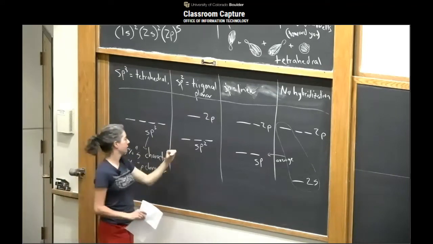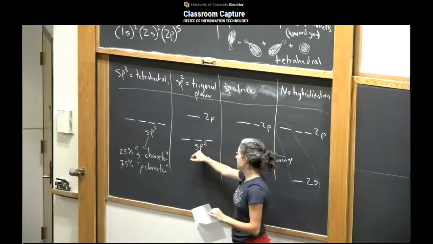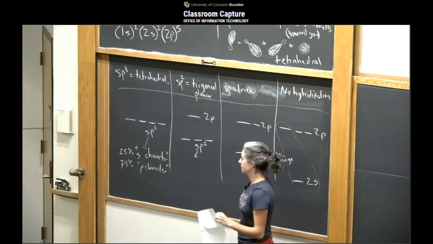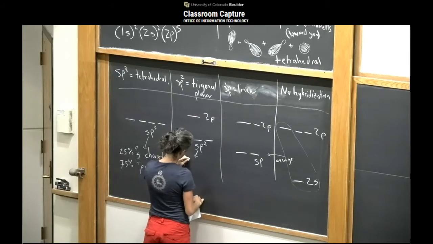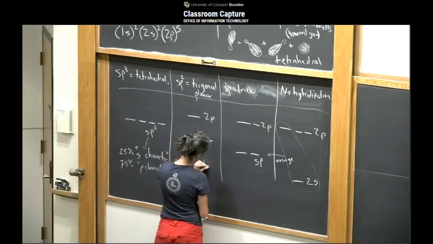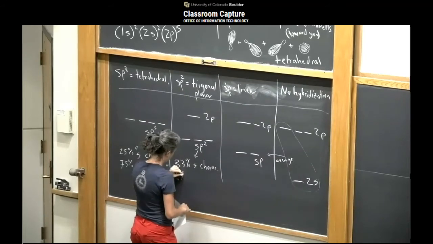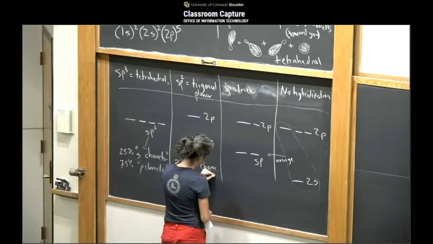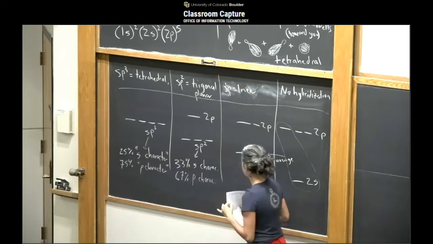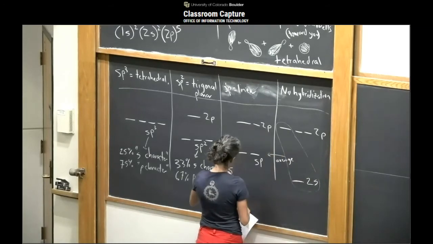Over here, our new hybrid orbitals are sp2. So s is making up a third of that, so we'd expect to see 33% s character and about 67% p character. sp is one of each, so it's half and half, 50% and 50%.